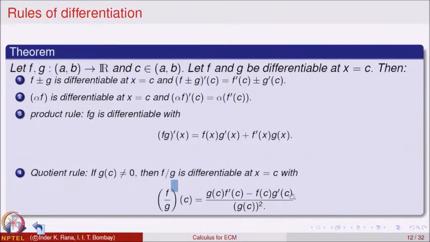So, how do you write this formula? g is in the denominator, so the term in the denominator appears as g(c) square. And for the numerator, this g(c) goes up: g(c) into f' minus f(c) into g'.